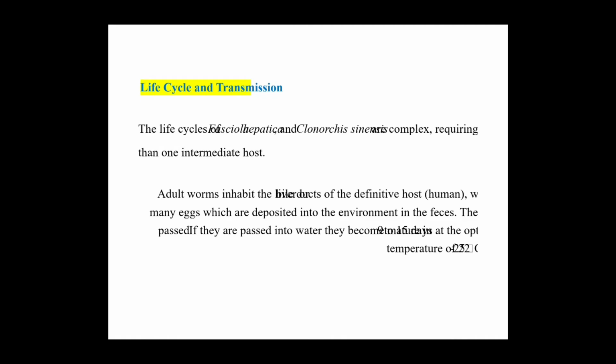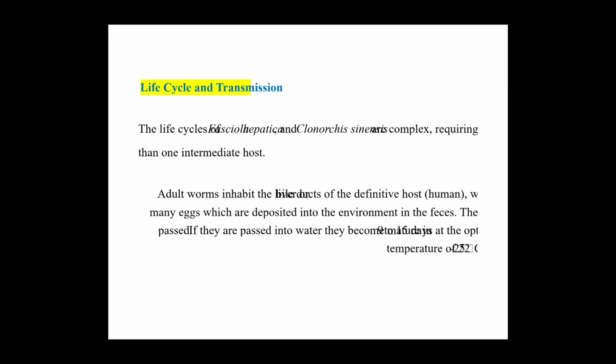Now, about its life cycle and transmission routes. How can it complete its life cycle and how can it be transmitted? The life cycle of this parasite and other species, as we noticed before, such as Clonorchis sinensis, which are related liver flukes, is complex.